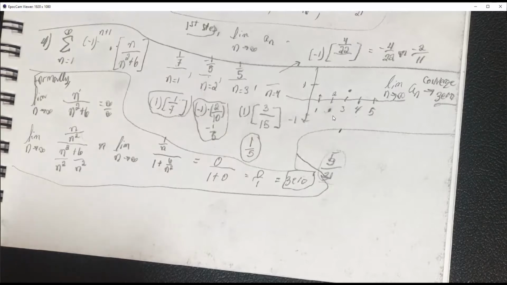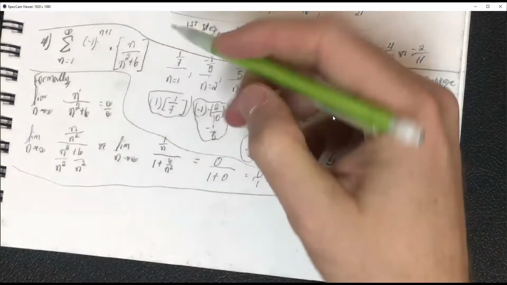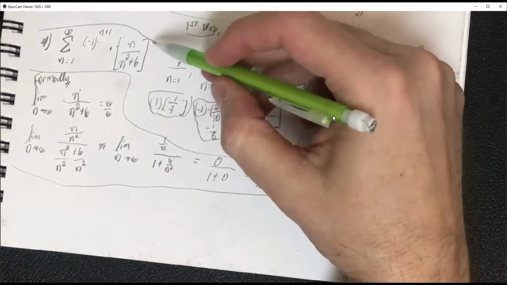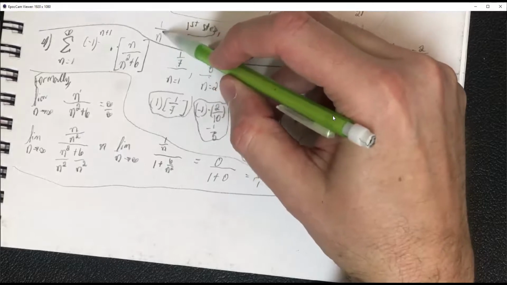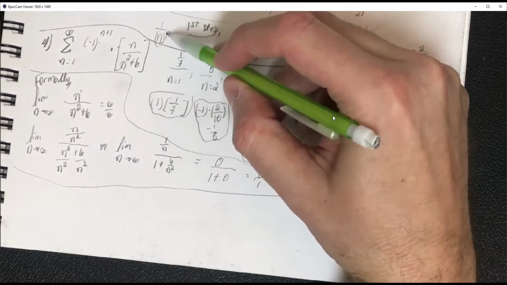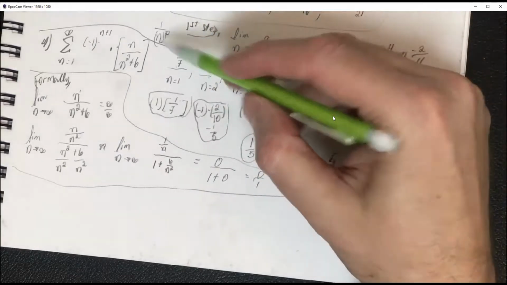P series. If it's a P series, then we could use the P series test. But by the way, you might remember that if it was a P series, we could have always used the integral series test. So if you can't use the integral series test, you're not going to be able to use the P series test either. But anyway, this is not of the form 1 over n to the same power, where this keeps changing.